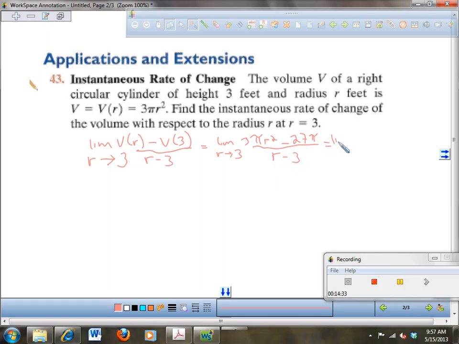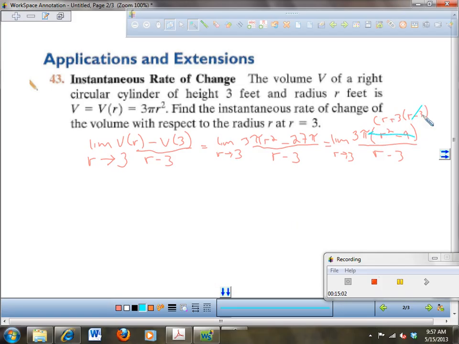So what you do is you try to factor things out to make this r minus 3 cancel out. So you have the limit as r goes to 3. What could I pull out of all these? A 3 pi, very good. So you can pull out a 3 pi times r squared minus 9 over r minus 3. And then this factors to r plus 3 times r minus 3 at the top. And then I can cancel out this r minus 3.